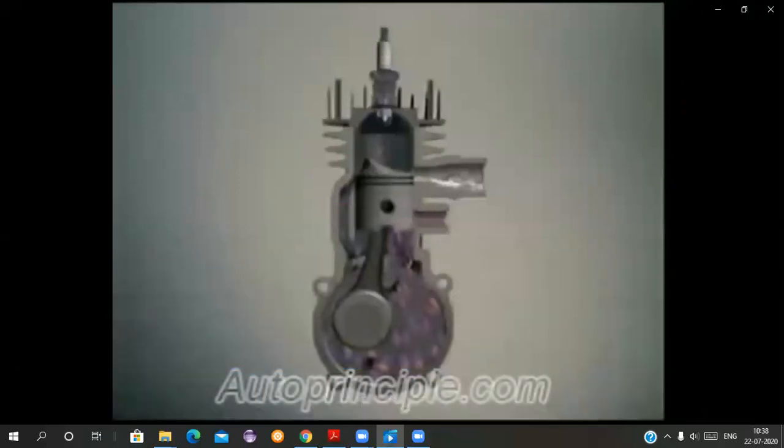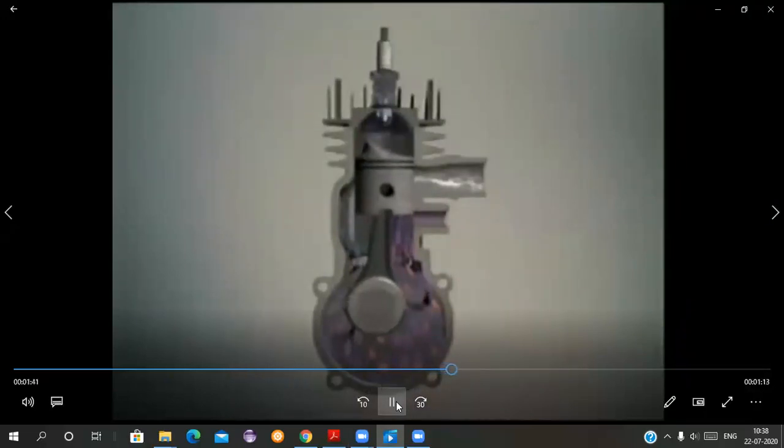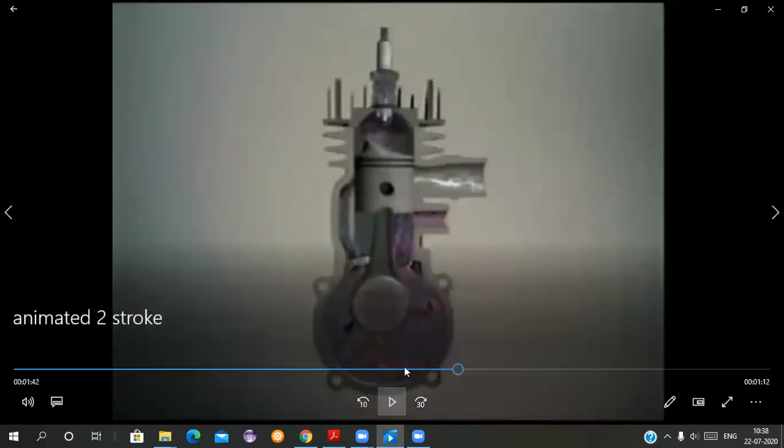Just observe it, don't get confused. One by one, try to see what is happening at this stage. The inlet port is open here, and the air fuel mixture is getting inside the crankcase and accumulating here at this moment.